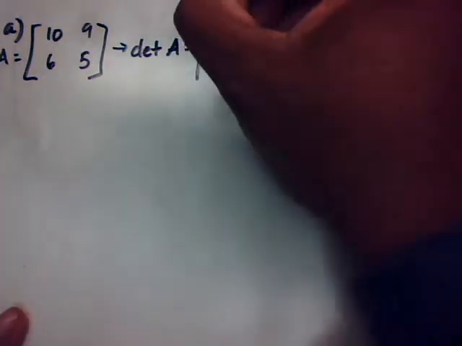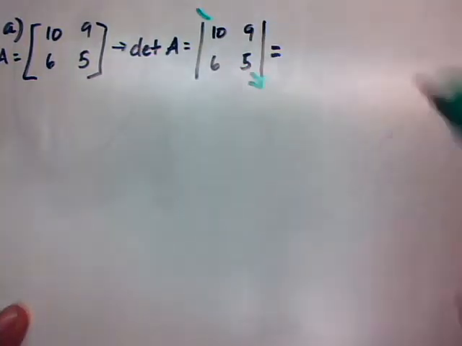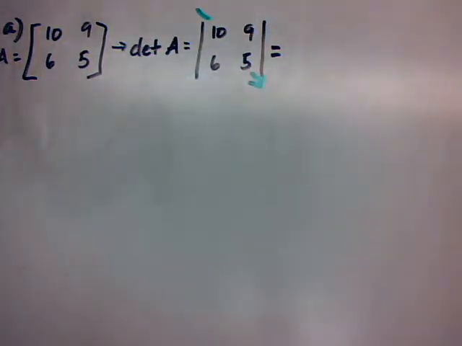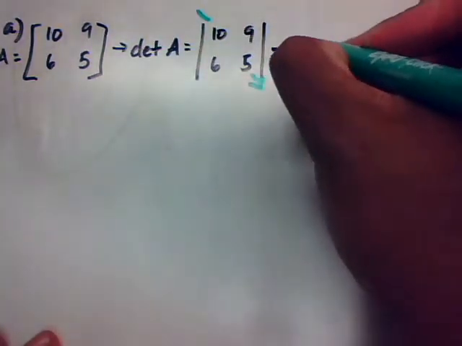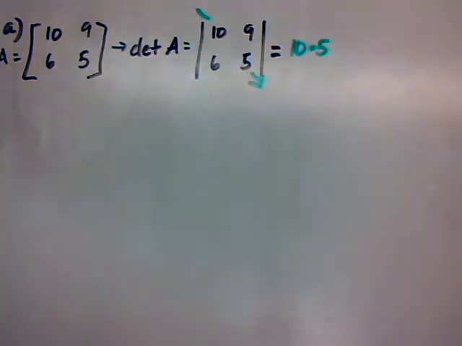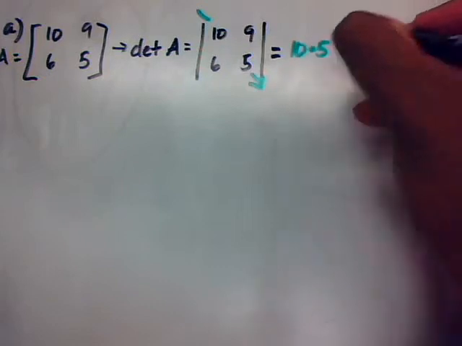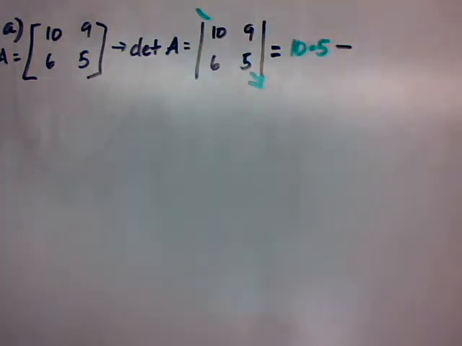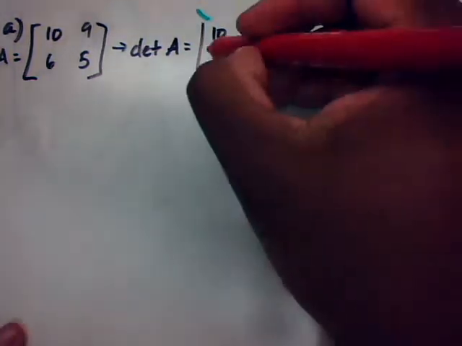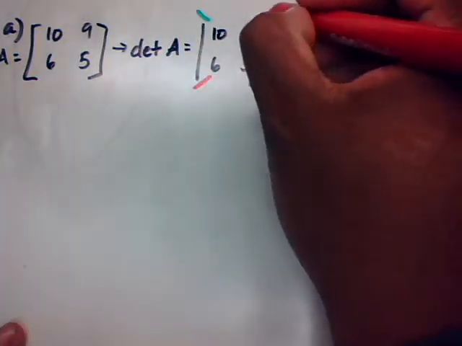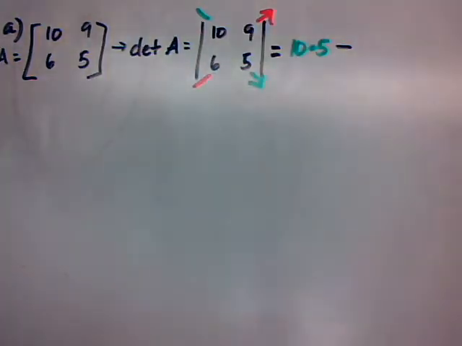We take the product of this diagonal from the upper left to the lower right. So in this case here, we're taking the product of 10 and 5. And we're going to subtract from it the product of this diagonal from the lower left to the upper right. That's 6 times 9.